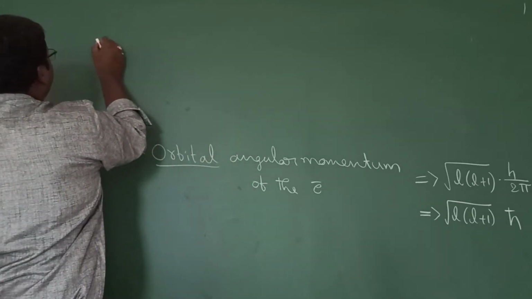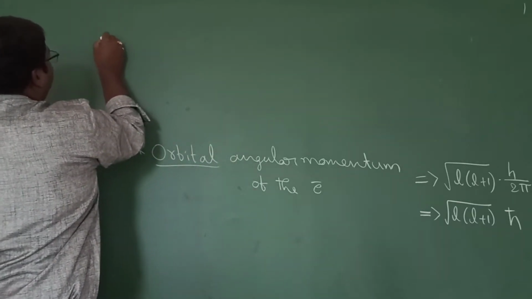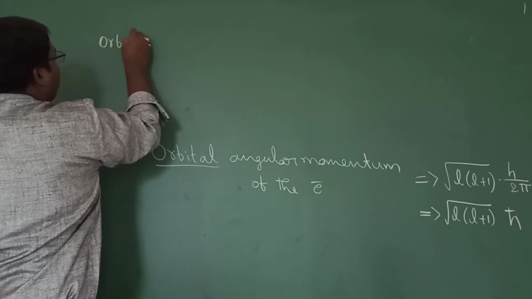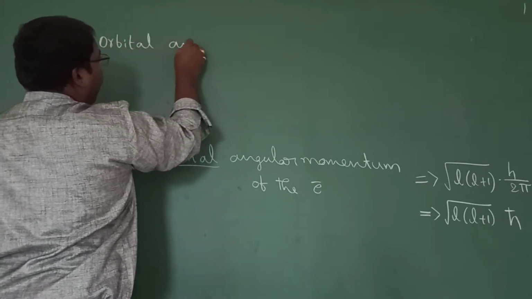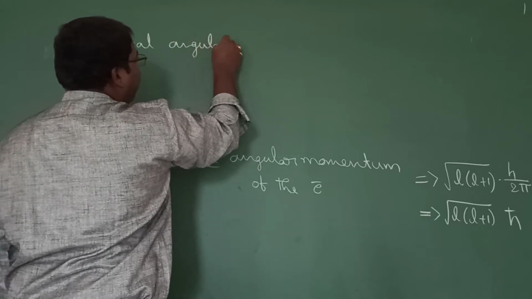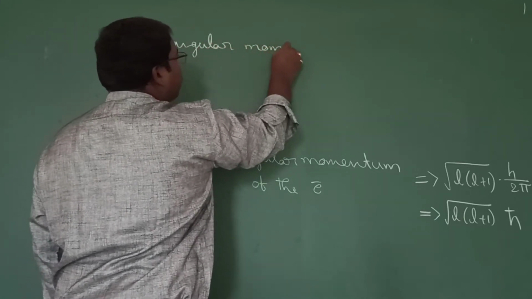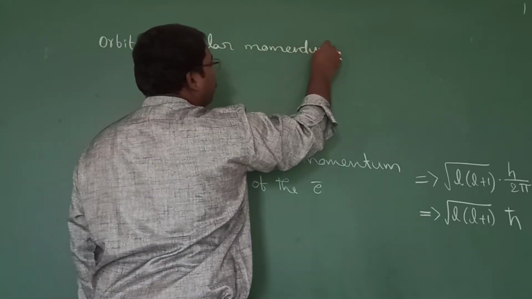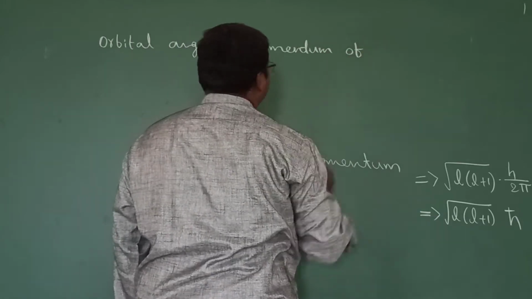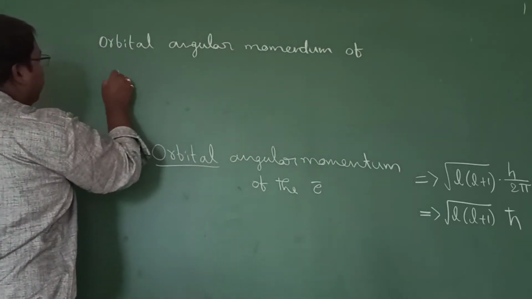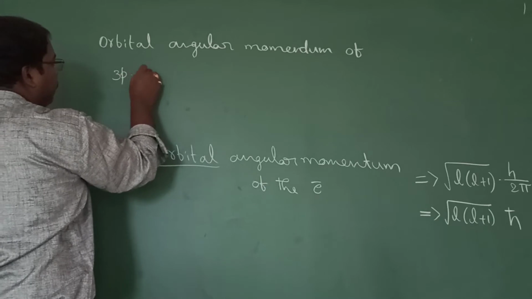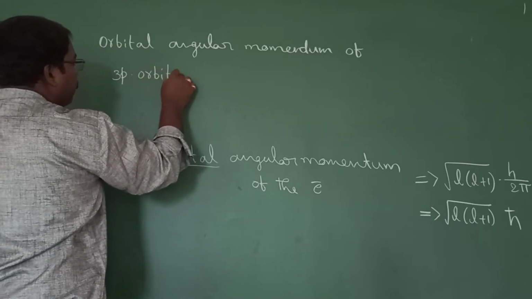Now, for example, let us find the orbital angular momentum for the 3p orbital.